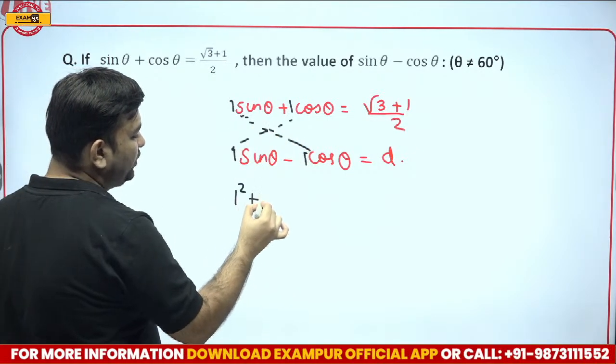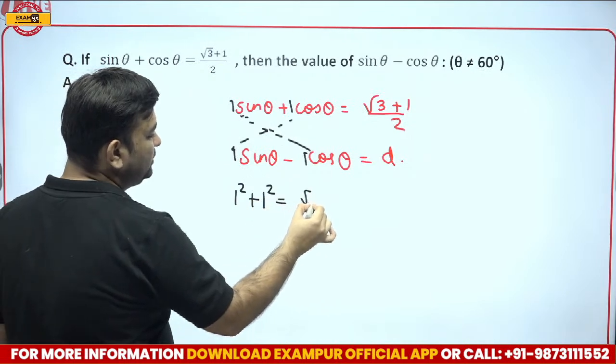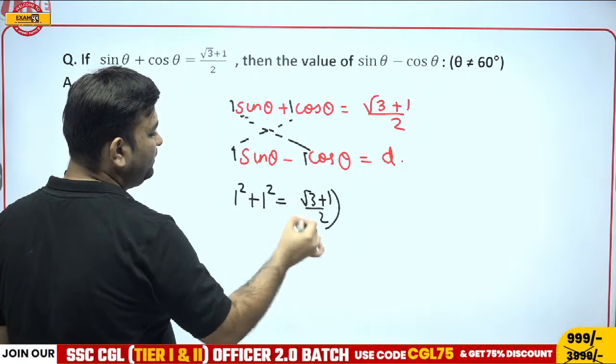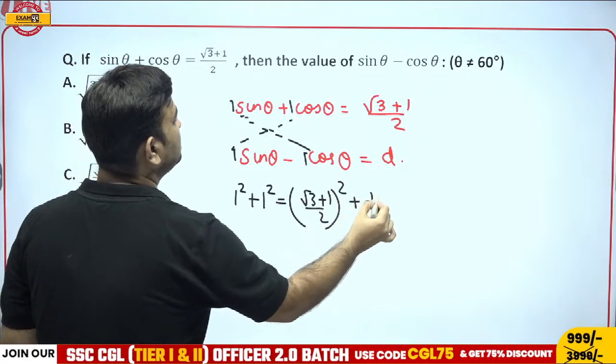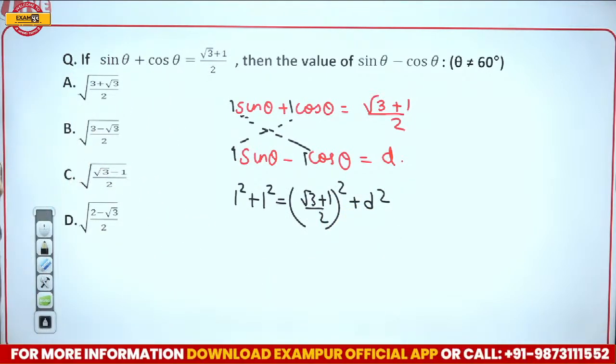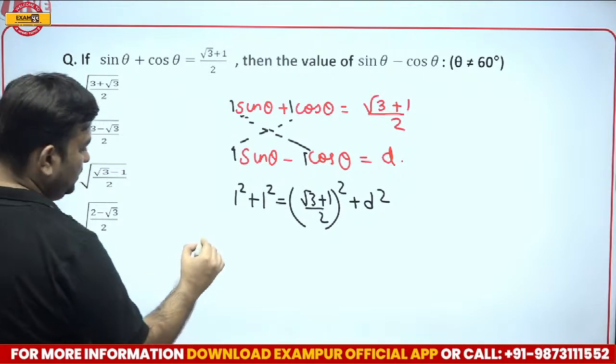1 square plus 1 square is equal to ((root 3 plus 1) by 2) whole square plus d square.